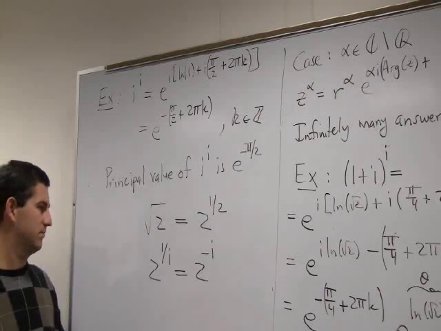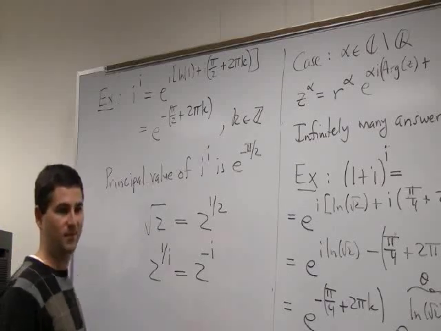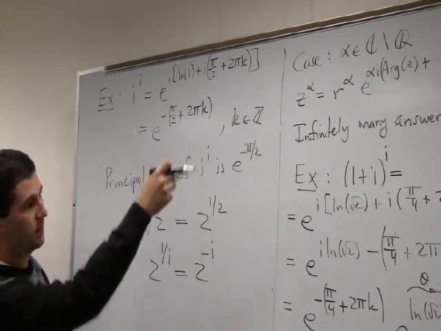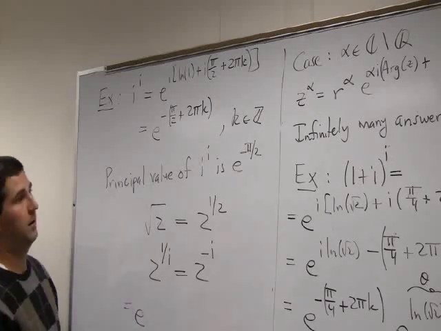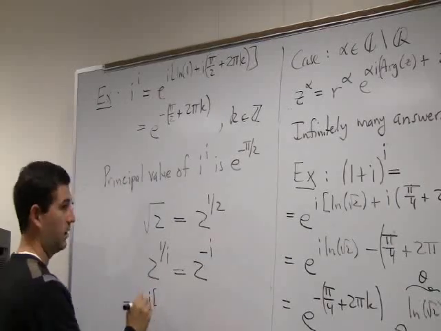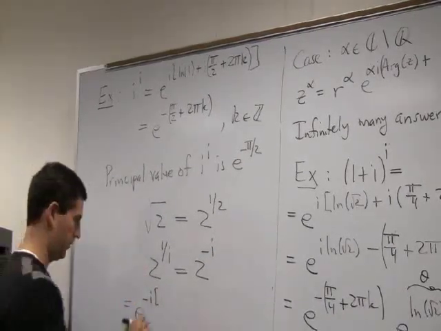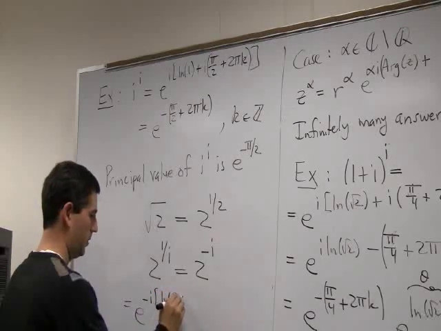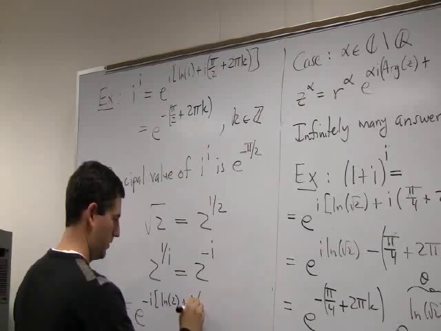It's kind of strange. What is this? You can check it. e to the, okay, we need alpha. Alpha, say, is minus i times the natural log of the radius of 2, which is just 2, so ln of 2, plus i times the argument.